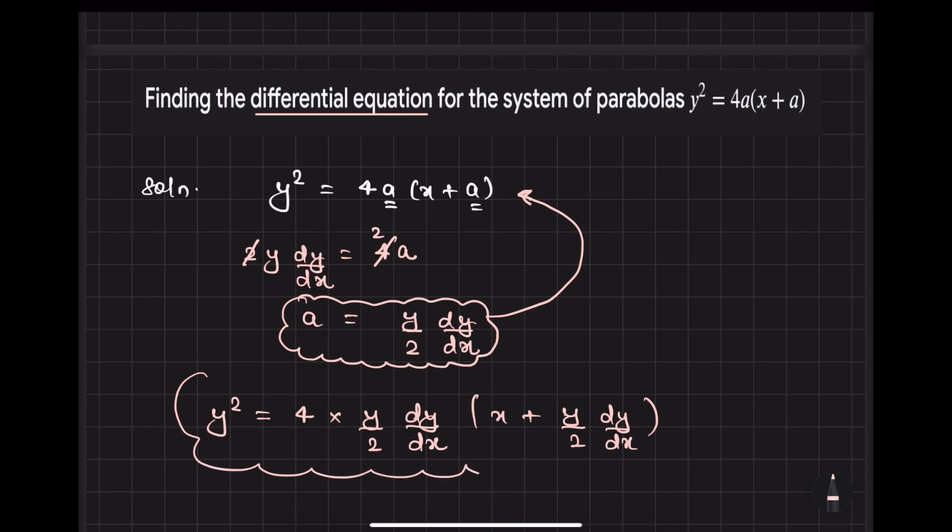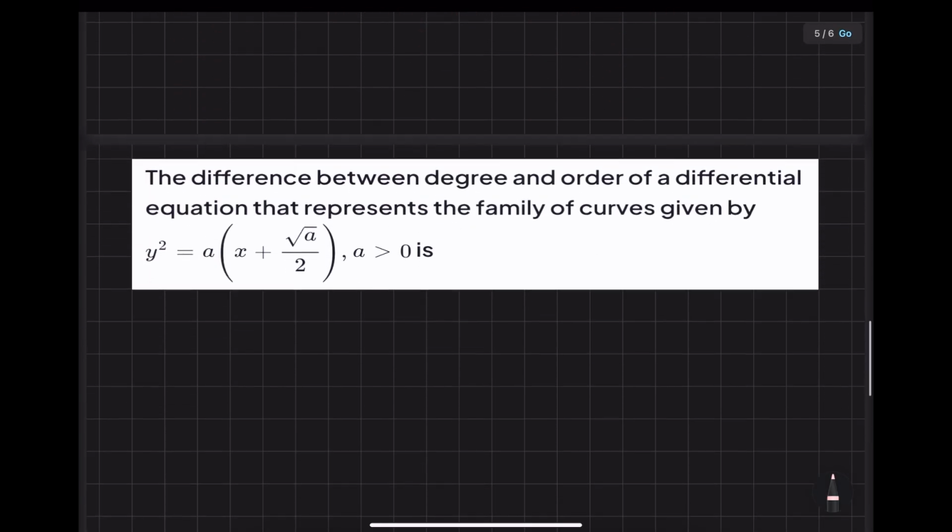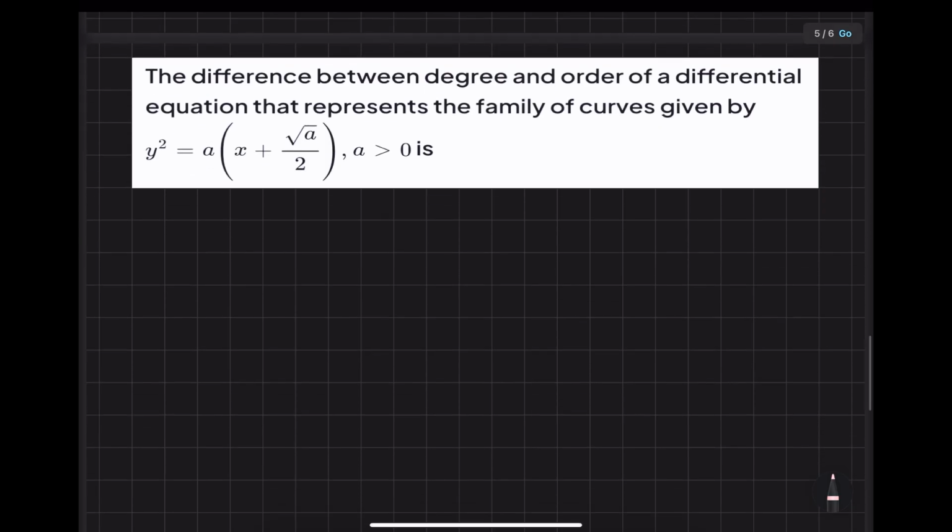So this is our final equation free from any arbitrary constant. I hope things are clear. Let's switch on to the next example.